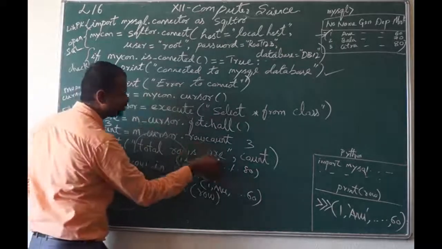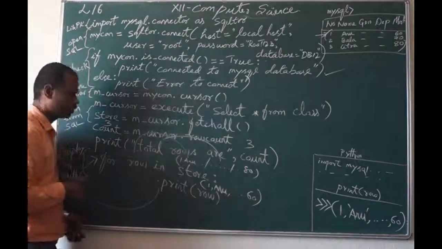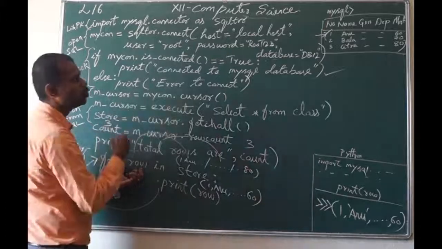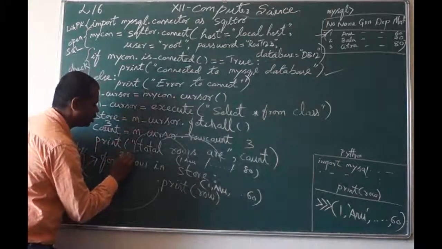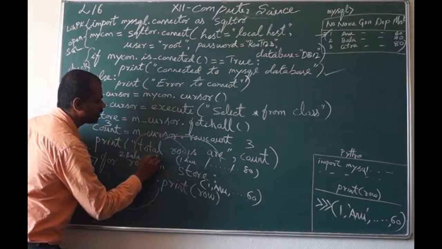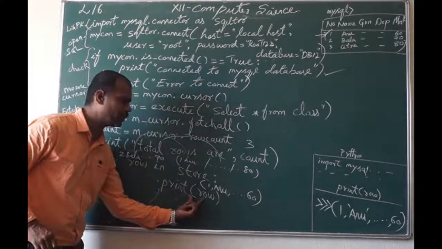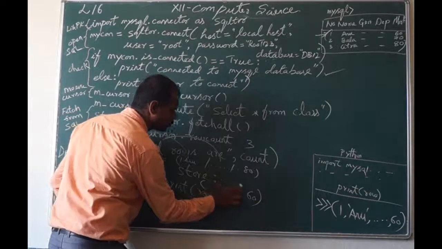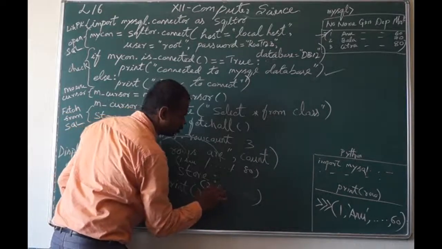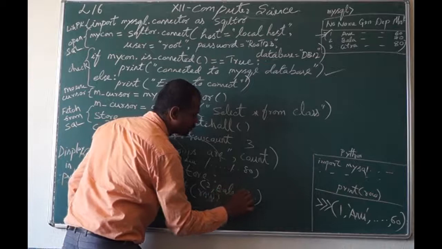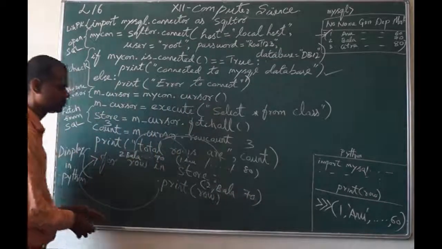Now it will access the second line. So in the row what is there? 2 Bala 70 will be there in the row. Then come here, print row means what will print? 2 Bala 70 will be there.